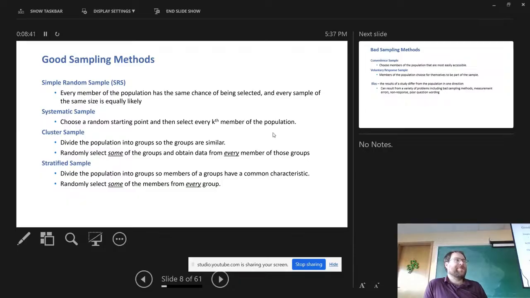So cluster is everybody from some groups. Stratified is some from every group. Any questions on the good sampling methods?